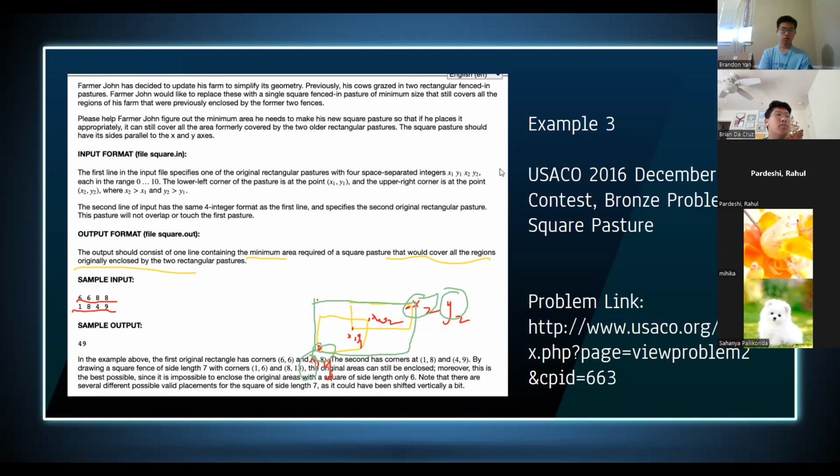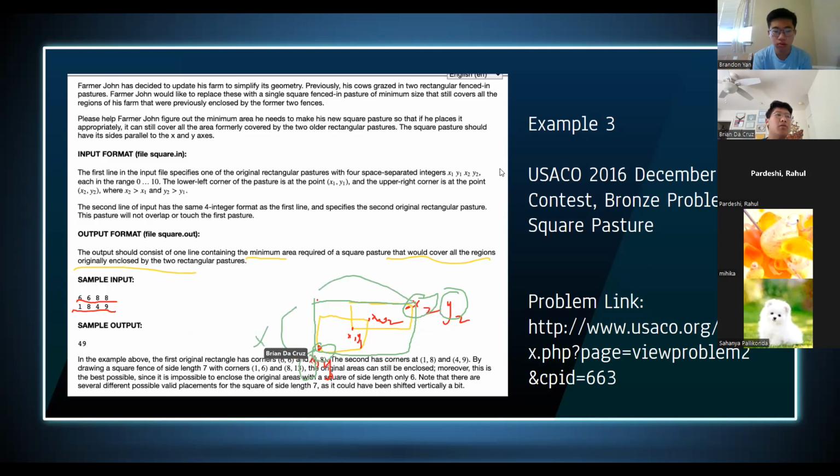And just to mention quick, this problem is called square pasture, which means the shape of this pasture needs to be a square, which means a square has the same side lengths for the length and the width, right? So the area of a square is s squared, right? That's why it's called a square. So here, if I want to have a square pasture, that means that I need this length to be the same as this length.